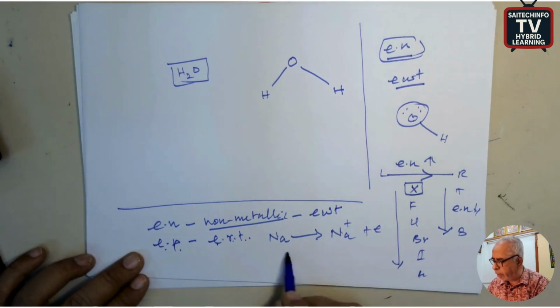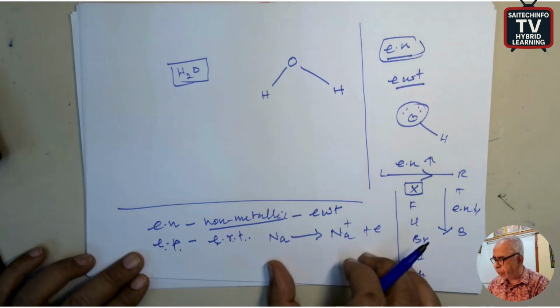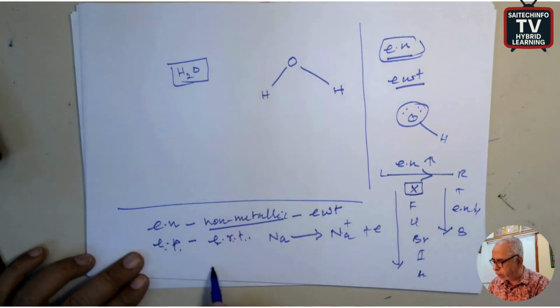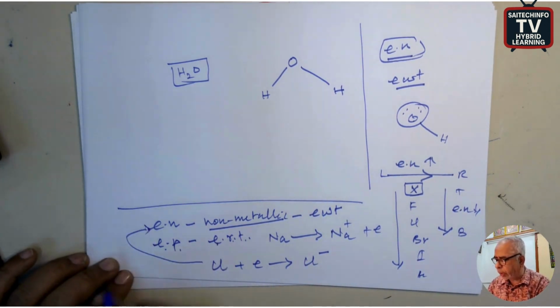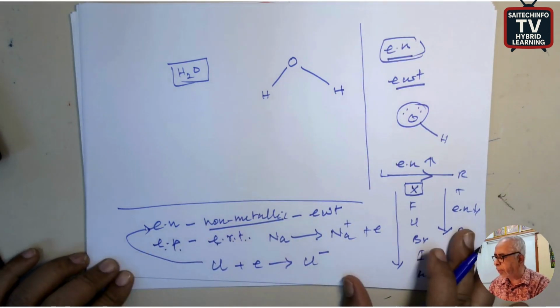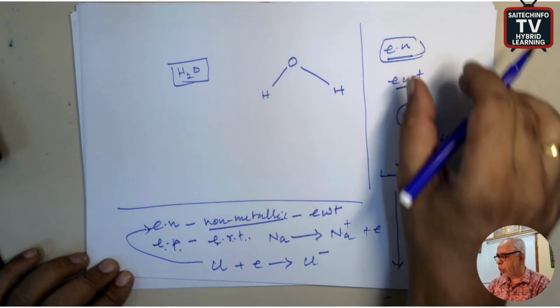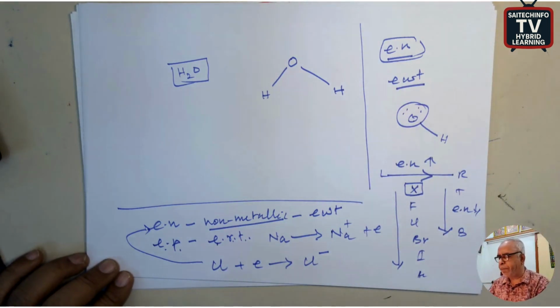That is the behavior of a metal. Whereas non-metals like chlorine take the electron from the bonded pair so that it becomes Cl minus. So this is the electronegativity. I hope I have now clarified the difference between electronegativity and electropositivity.